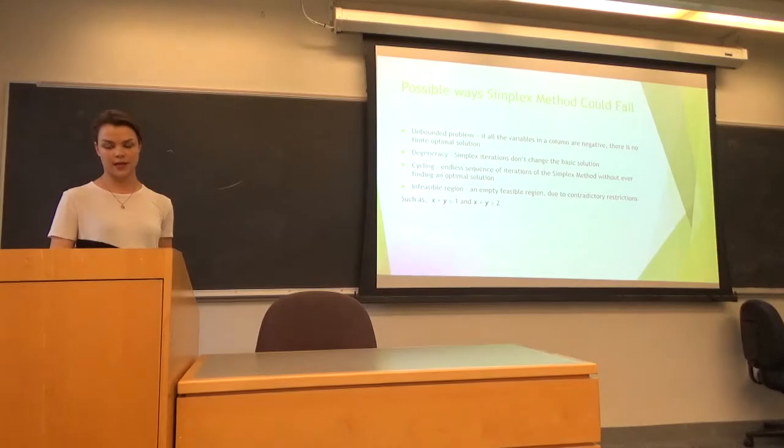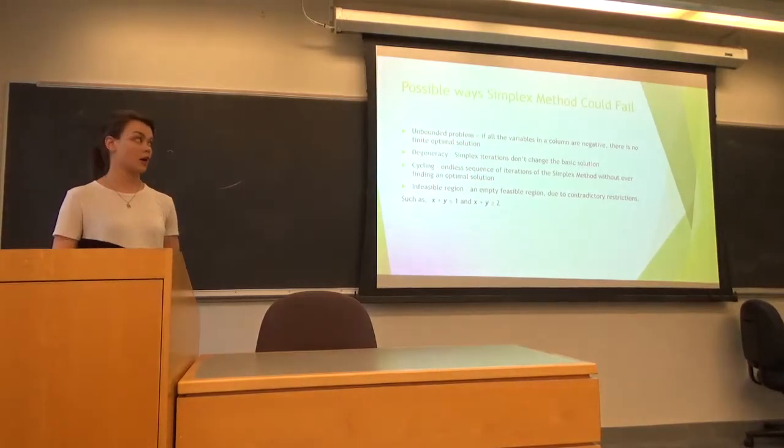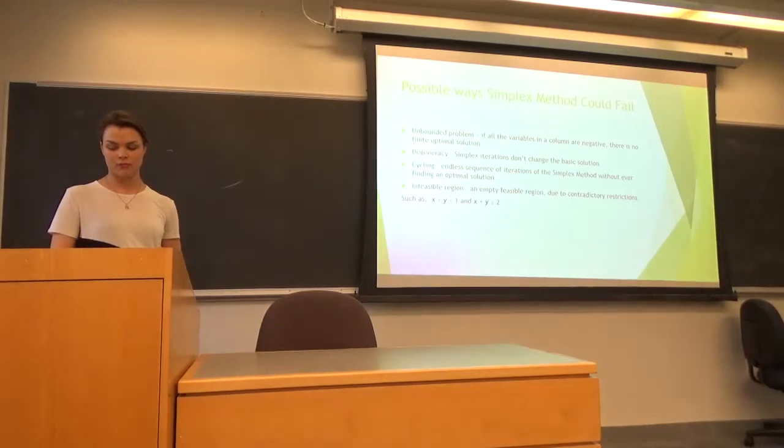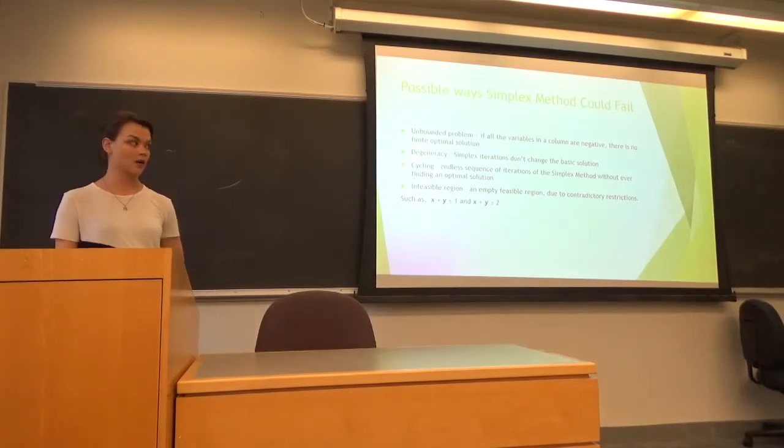Then there's no finite optimal solution because all of the entries in the pivot column are negative. Like I just said, if there aren't any positive values in the pivot column, we can't compute the ratios and determine the leaving variable, because once we start to increase the entering variable, the value of z and the basic variables would increase infinitely. They're unbounded.